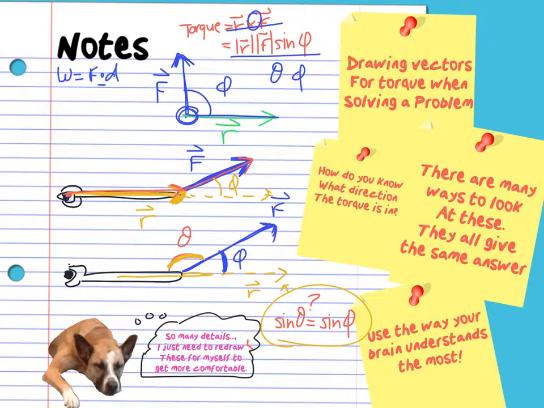So if you put in, say, 40 degrees for this one, then this would have to be 140 degrees. 40 plus 140 equals 180.